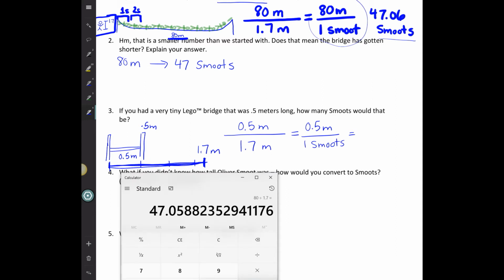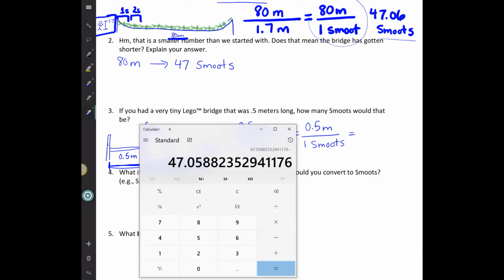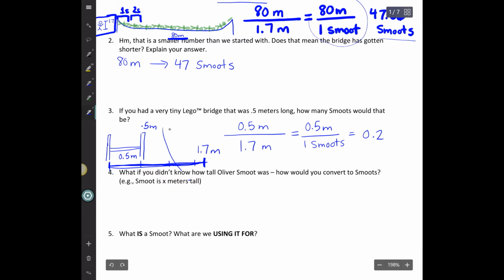And we get, okay, so 0.5 divided by 1.7, and we get a little under a third, so 0.29. That's what fraction of one smoot would fit on this bridge, right? So not even a whole smoot.